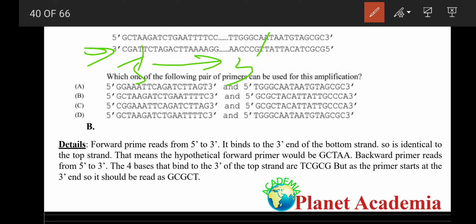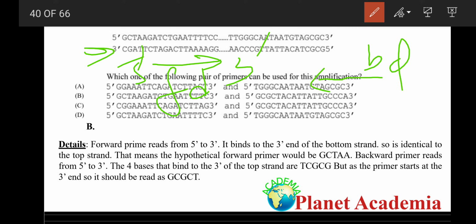So this is the strand for which the primer will be formed. Remember, the primer that is formed here will be the forward primer. Another primer will be needed, called the backward primer. That will travel in this direction.